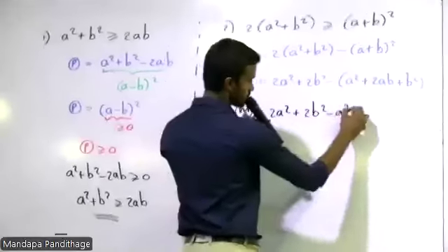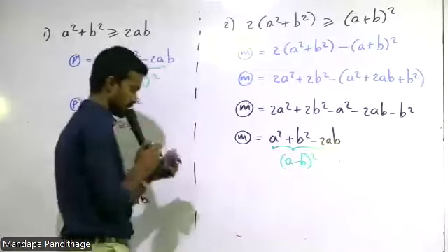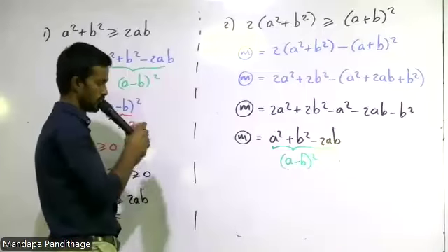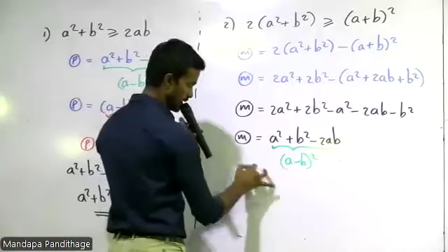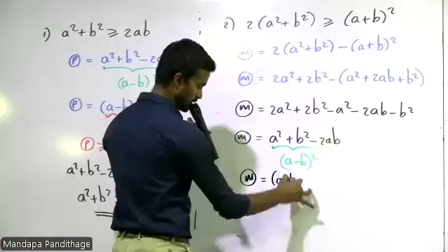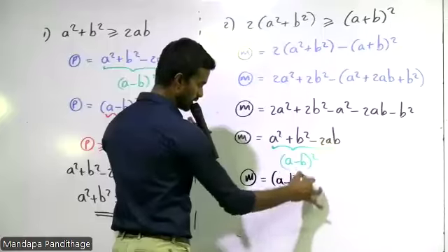which is equal to a minus b squared. So you can clearly say, okay, this is a square, which means it is greater or equal to 0, then that is okay. So M is greater or equal to 0.